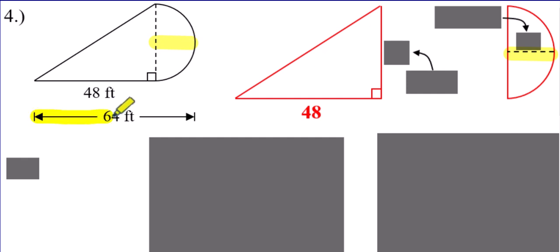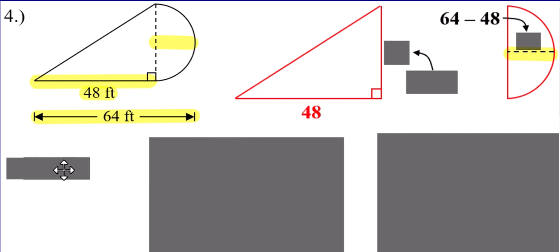We know the total left and right distance of 64 feet. We know from here to here is 48 feet. So you can subtract the total left and right distance by the 48 feet left and right distance, and that will give you the left and right for the radius, which is 16 feet.